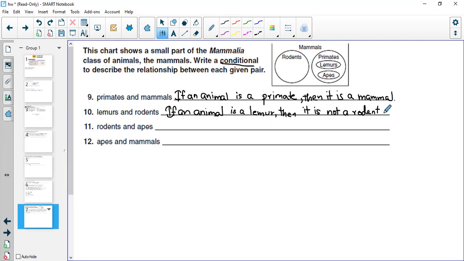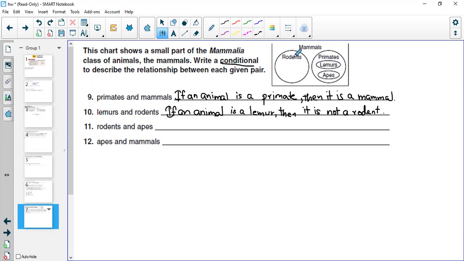Because you can see that they are in two different circles. They are not together. Mammals are divided into two parts, that's rodents and primates. Now, under primates, we also have the lemurs and the apes. So a lemur cannot be a rodent. That's why we say if an animal is a lemur, then it is not a rodent, because a rodent cannot be a lemur, but they both are mammals.